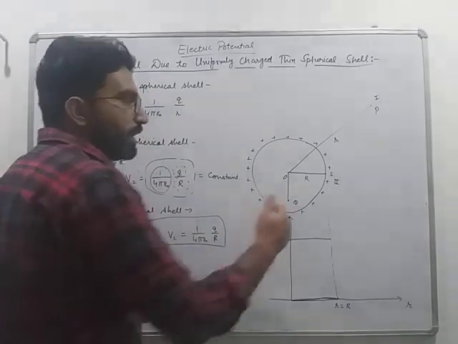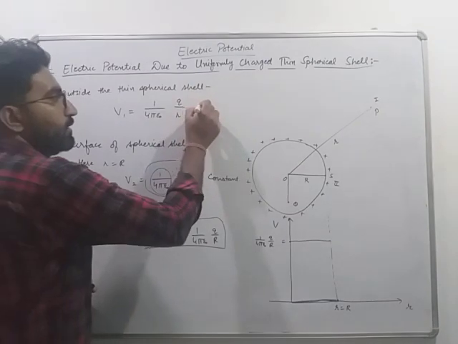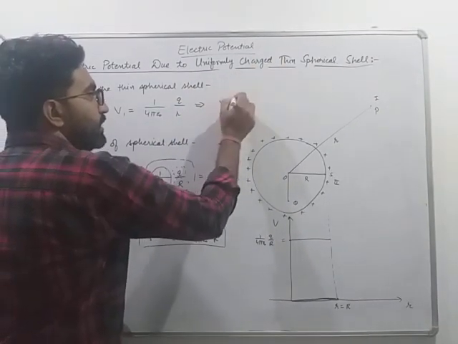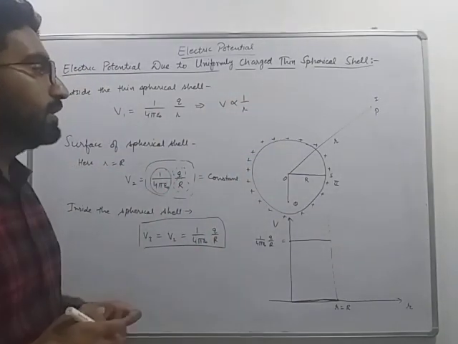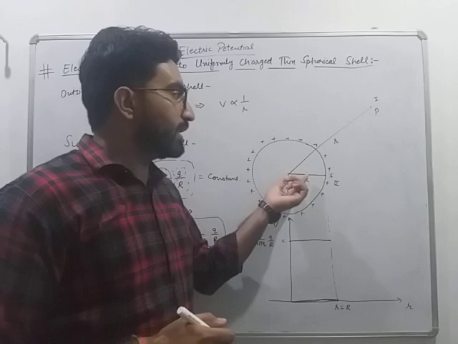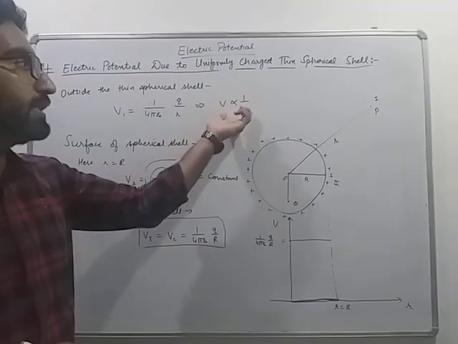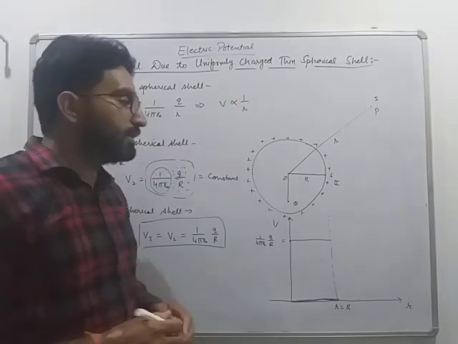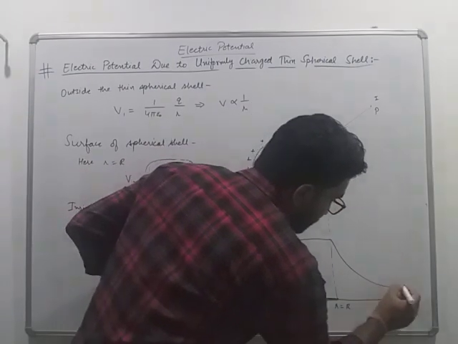But when we move outside the surface, it is inversely proportional to r. From here we can write that the electric potential V is inversely proportional to small r, meaning when we go outside the thin spherical shell and move away from it, the electric potential decreases. When r increases, the electric potential V decreases. So for inverse proportionality we have a graph like this.